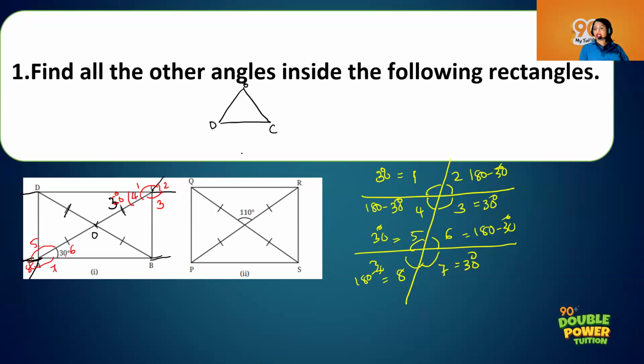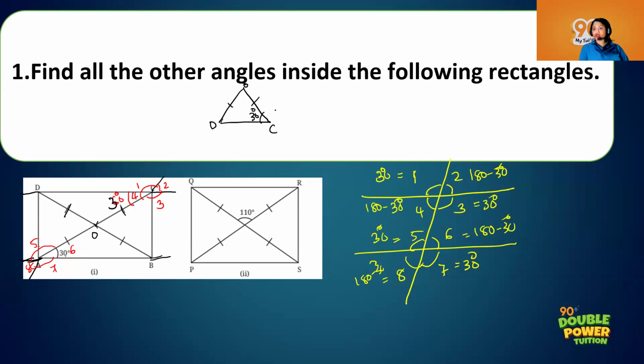I'm considering this triangle with one side, that means angle OCD is 30 degrees. Since these two sides are equal, it's an isosceles triangle, right?